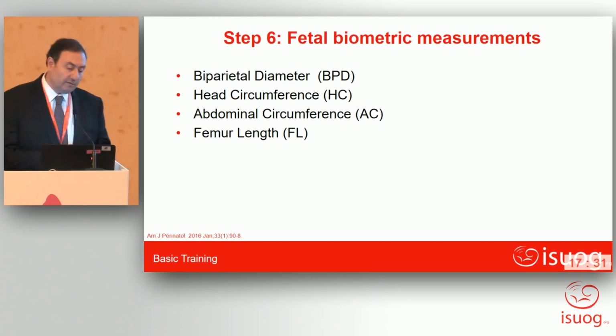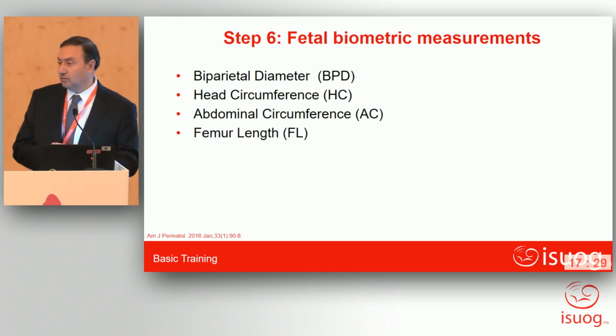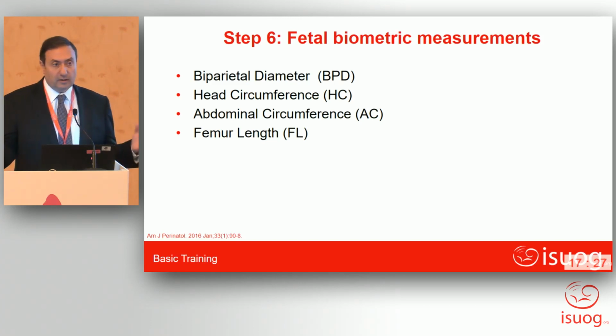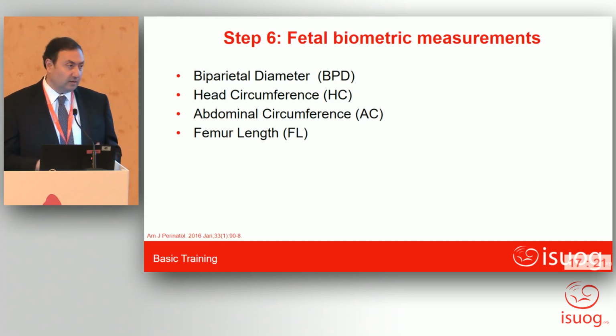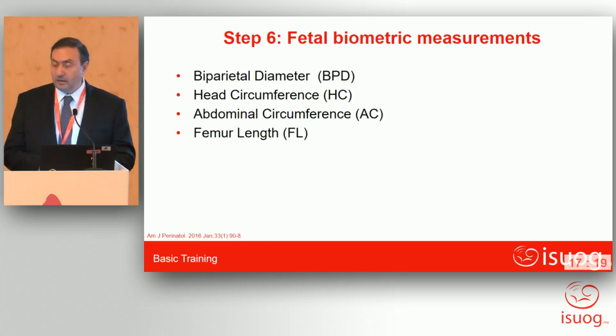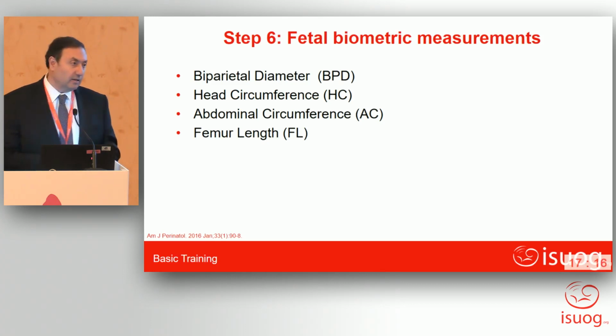And of those, the femur length is probably the most difficult to do because typically it's hard to find for the trainees initially. The head is easier to find. In most cephalic presentations, the head is actually in an axial plane. And also measuring the femur is a little bit technically challenging.